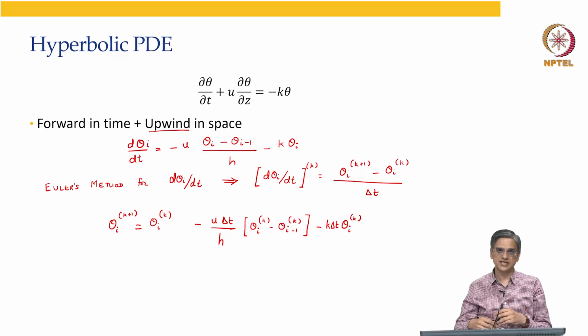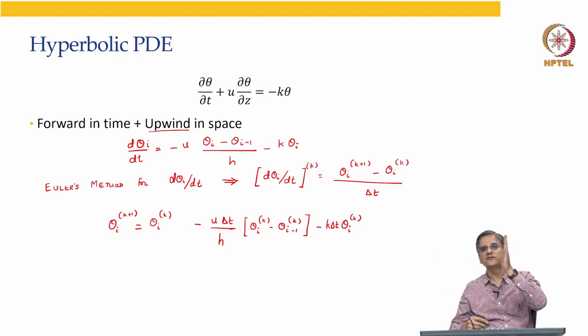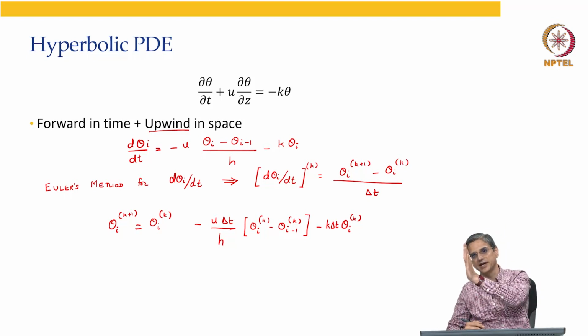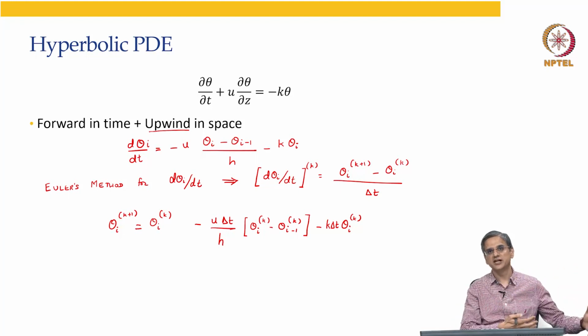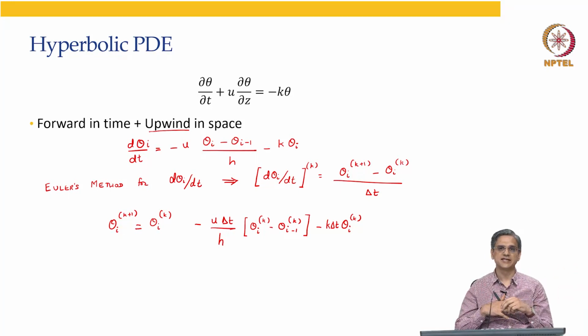If velocity was negative, or u was negative, and the wind was flowing in this direction, then you have to take i plus 1 and i, in the direction opposite to the wind flow. So that's the reason why it's called the upwind method. Again, this is a small tidbit of information, so that you can understand where the original derivation of these techniques came from.